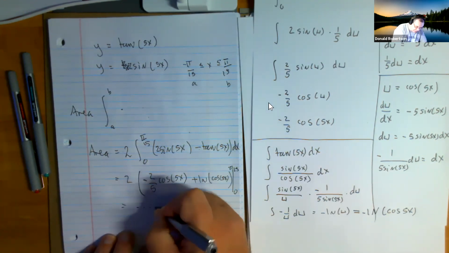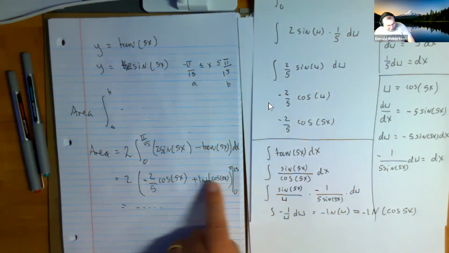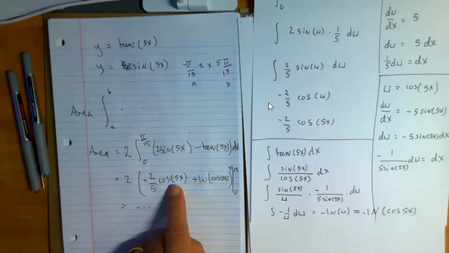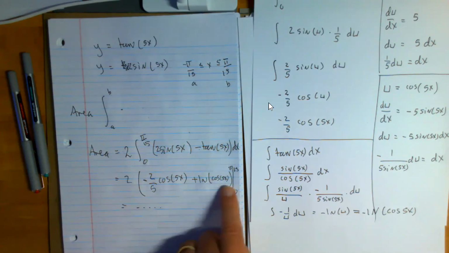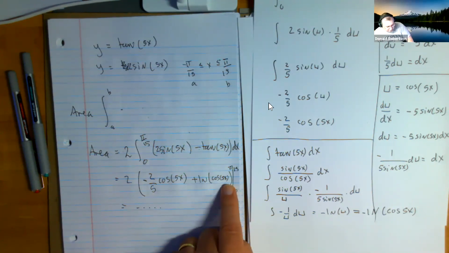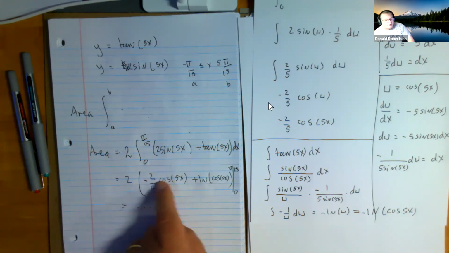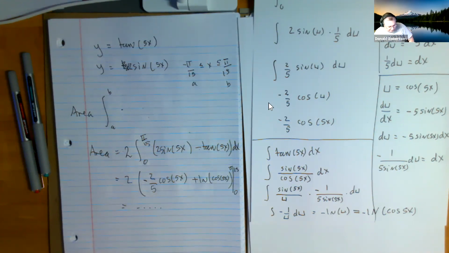I'm going to dot that, because all you do is plug pi upon 15 in, and you'll end up finding the cosine of pi and the natural log of the cosine of pi. And then you plug in 0 and you'll get a similar result. And basically you're done.